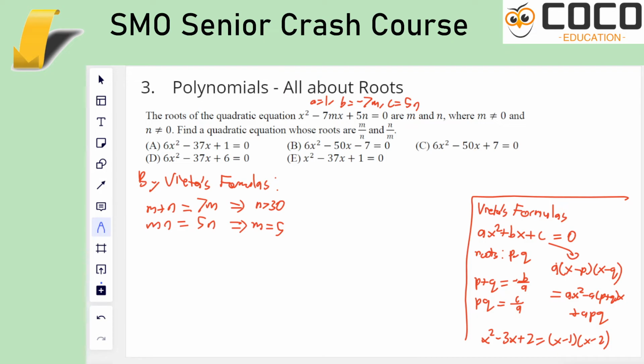Now find a quadratic equation whose roots are m over n and n over m. We already know that. M over n and n over m are 6 and 1 over 6. So 6 and 1 over 6, if we use Vieta's formulas the other way, it would mean that your sum is 37 over 6 and your product is 1.